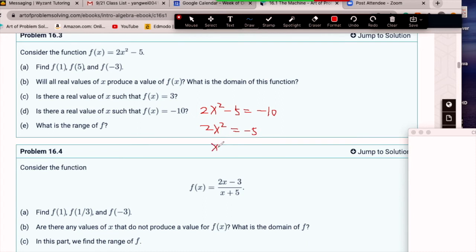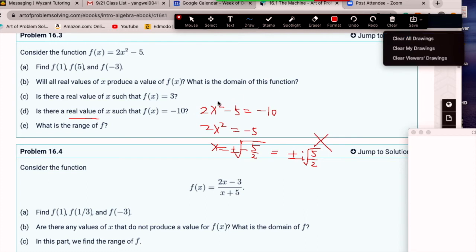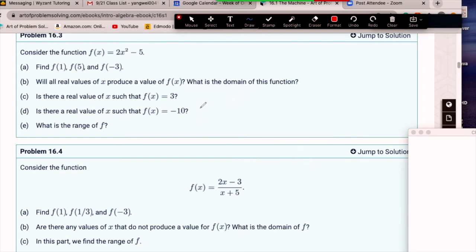If you continue solving, you get x squared equals -5/2, then a square root with plus or minus, which gives you a complex number, the square root of 5/2 times i. They ask for real values, so definitely there are no real values. For this case, you cannot find any real values that satisfy this requirement. The answer for this one is no.